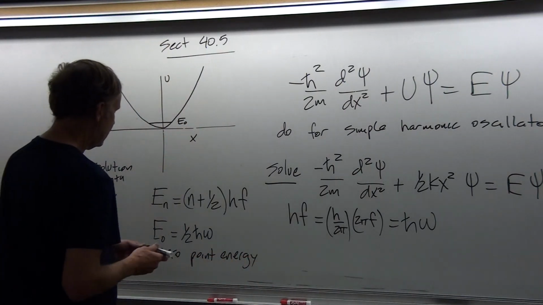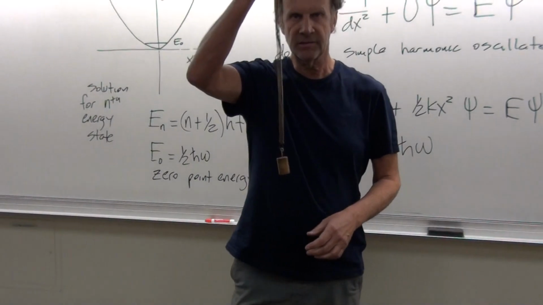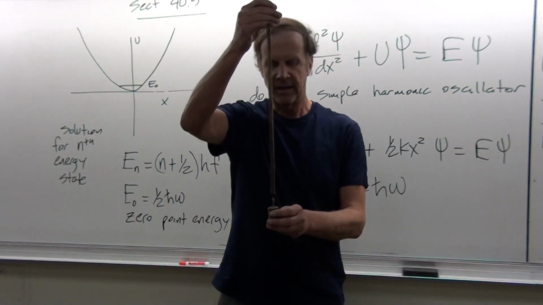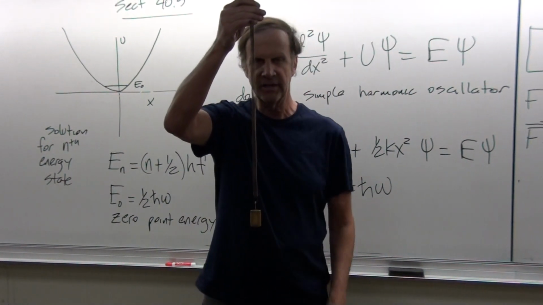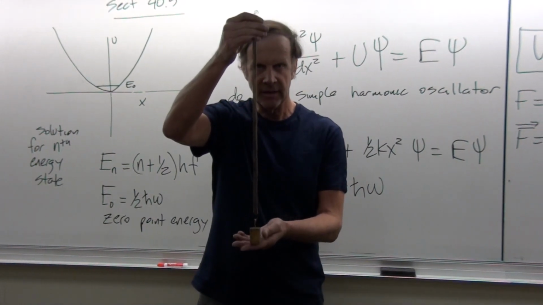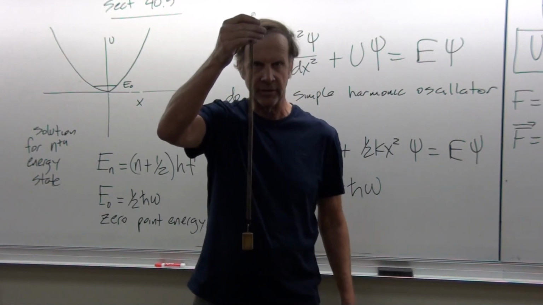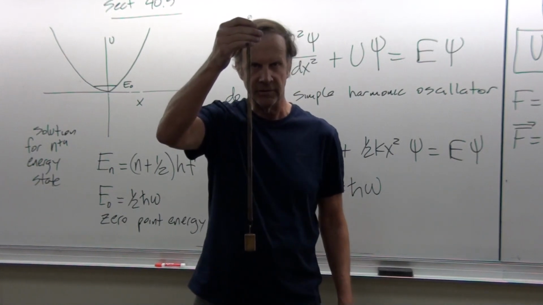Which means that even if this mass is still and there's no vibration in it at all, it still has a minute amount of energy of oscillation that is associated with what we call the zero-point energy for this system.